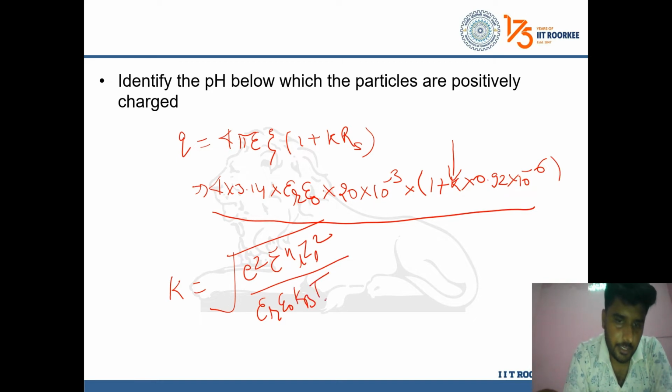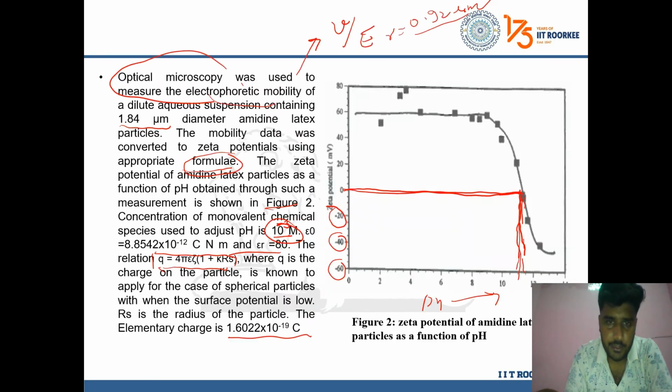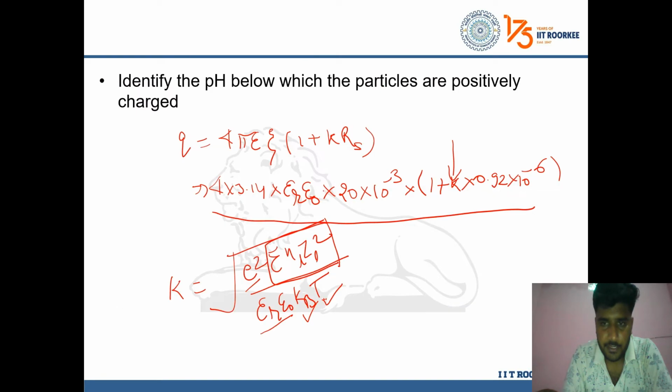You already have these values, both of these are given, and this is already known. You just have to calculate this using what is given here, the concentration of the monovalent chemical species. For example, you can consider a symmetric electrolyte having monovalent species like NaCl.